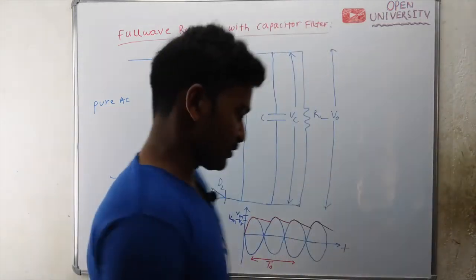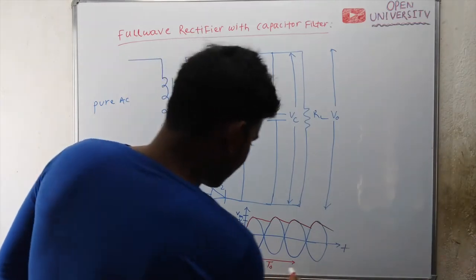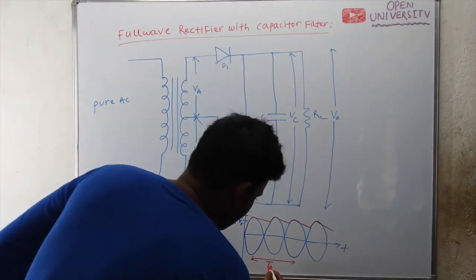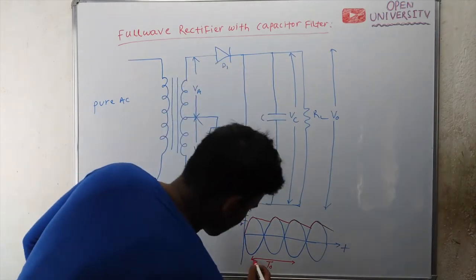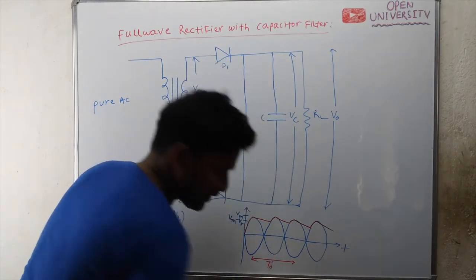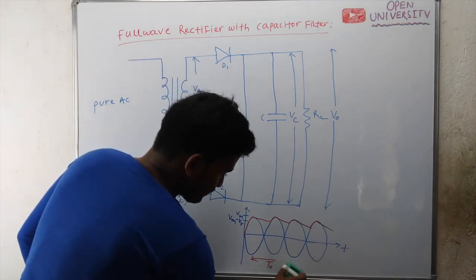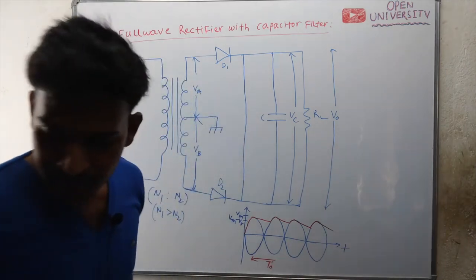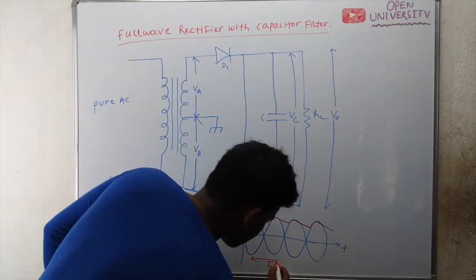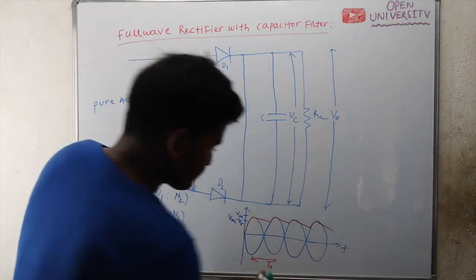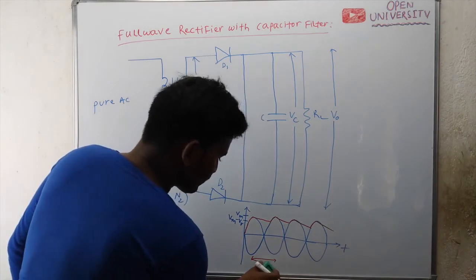Or you can say in half time period, from this to this it will be T0 by 2, and from this to this interval will also be T0 by 2.